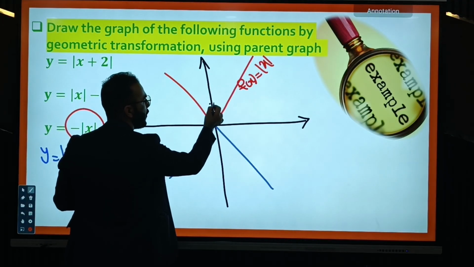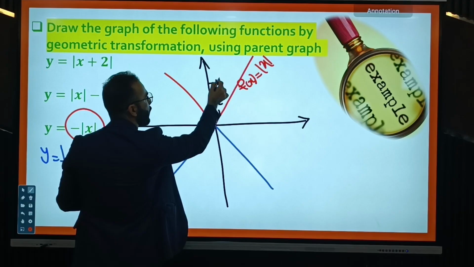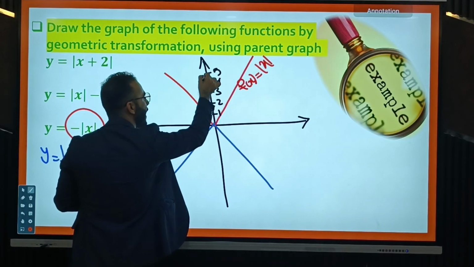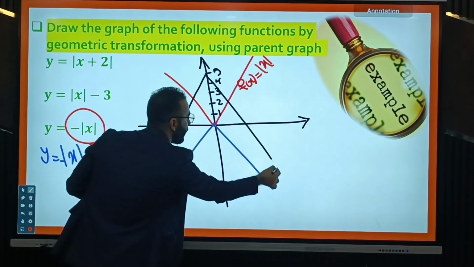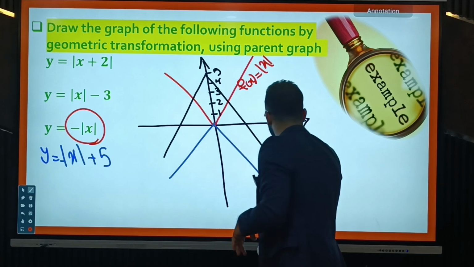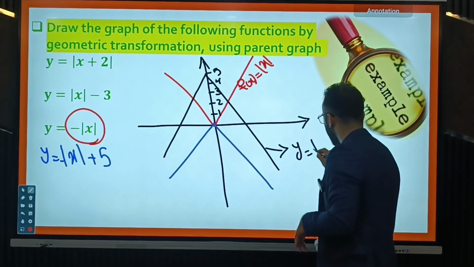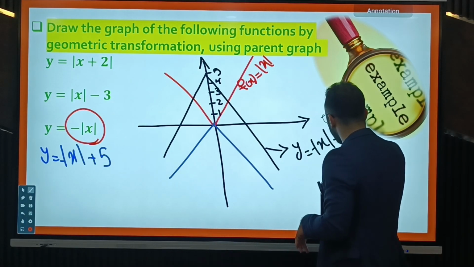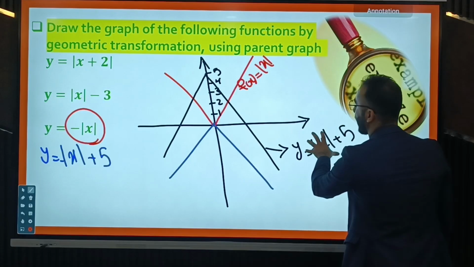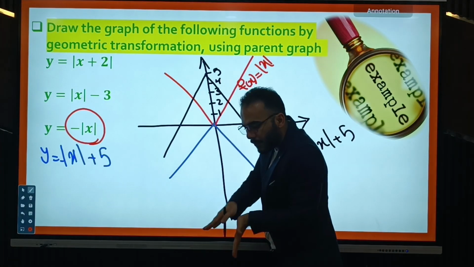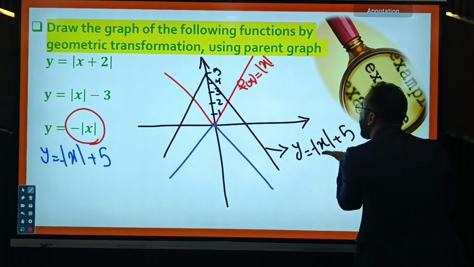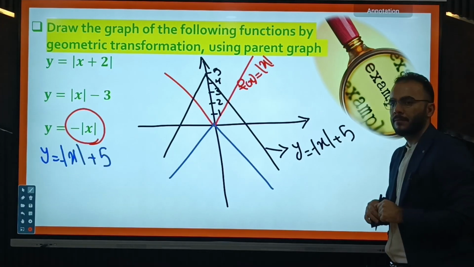So let's say 1, 2, 3, 4, and 5 is here. So our function would be in that way. That one is the graph of y equals negative absolute value of x plus 5. We reflect it, it's up and down, and we just move upward 5 units.